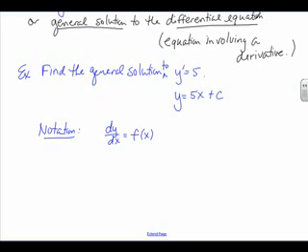If you have that, then it's also accurate to say that dy is equal to the function f of x times dx. So we start with derivative notation, dy over dx, and we end up with differential notation. dy is the differential y, dx is the differential x.